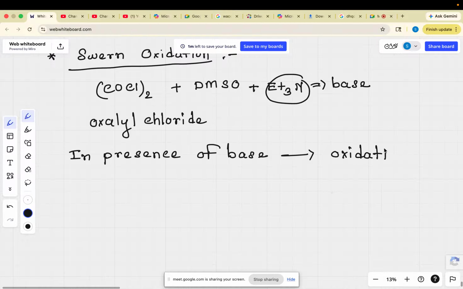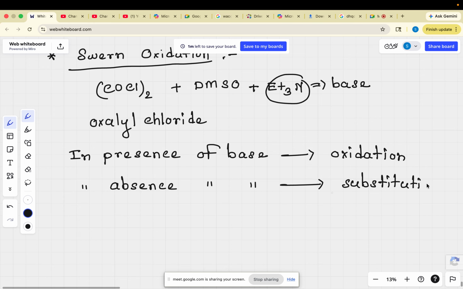In presence of base, oxidation will take place, and in absence of base, substitution will take place.